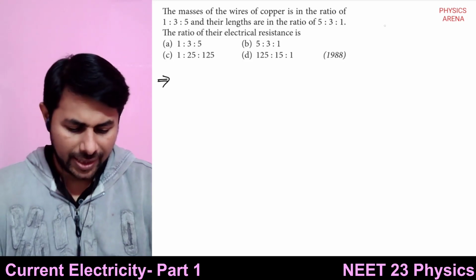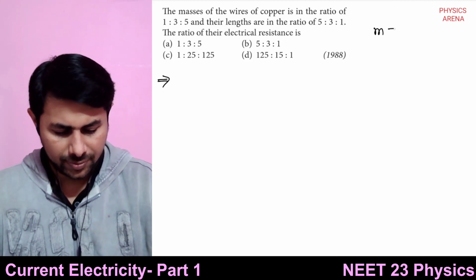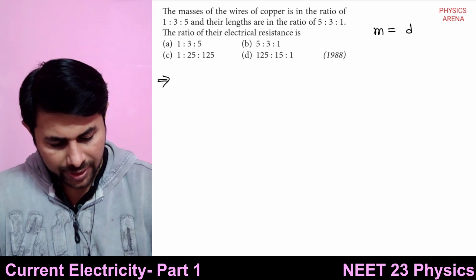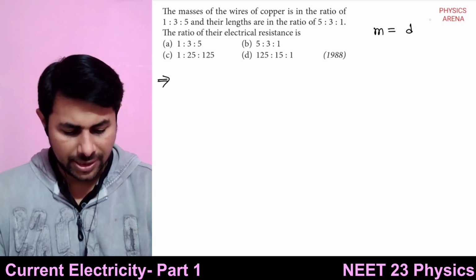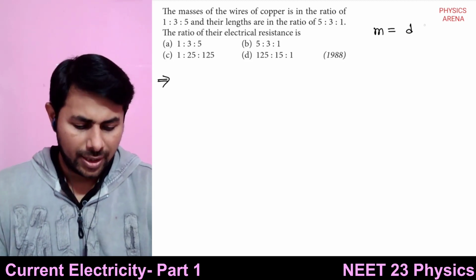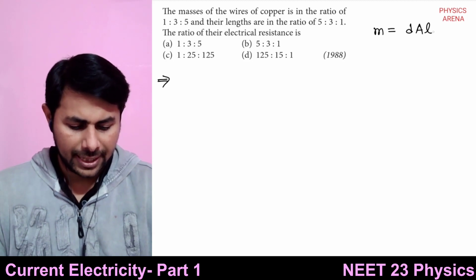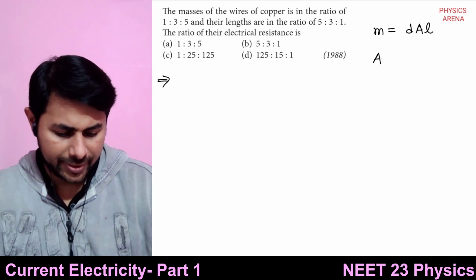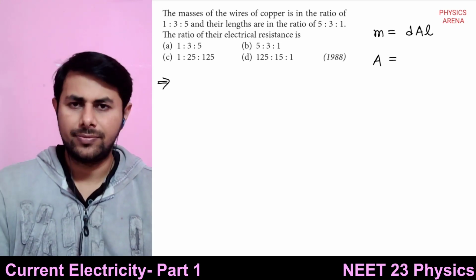So we can say mass is equal to density multiplied by volume. I will use D for density. So M is equal to density multiplied by volume, and volume is area times length. If we want areas, we can find it from here.